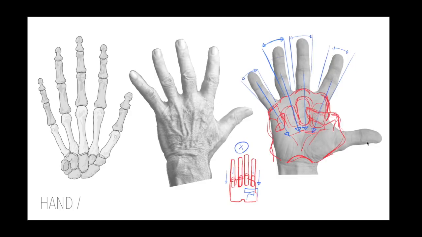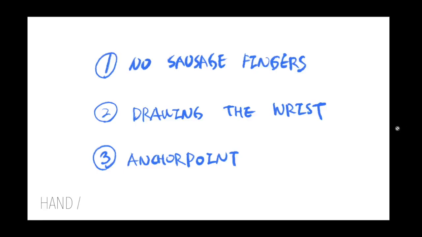All right, so there are three common mistakes that I see from students. Number one, beginners have a tendency to draw fingers with a very sausage-like look.